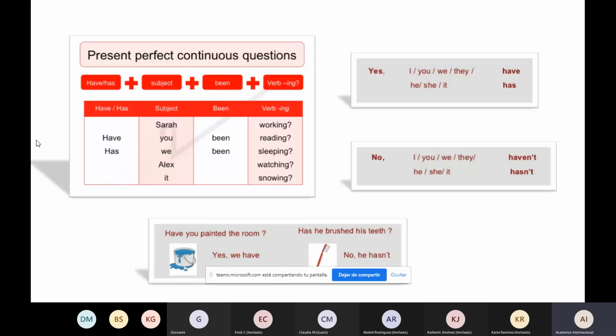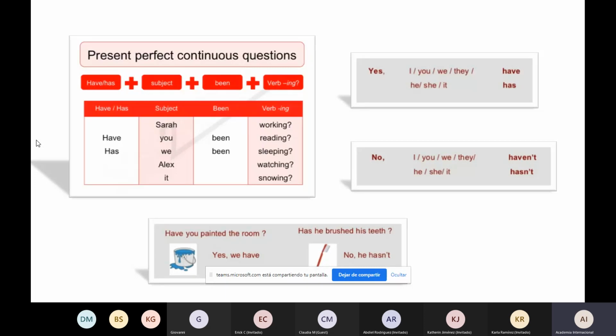Or has it been snowing? ¿Ha estado nevando? En este caso, ojo con esto, son preguntas cerradas y que simplemente llevan una estructura del present perfect más una acción, que sería en este caso un verbo en ing.